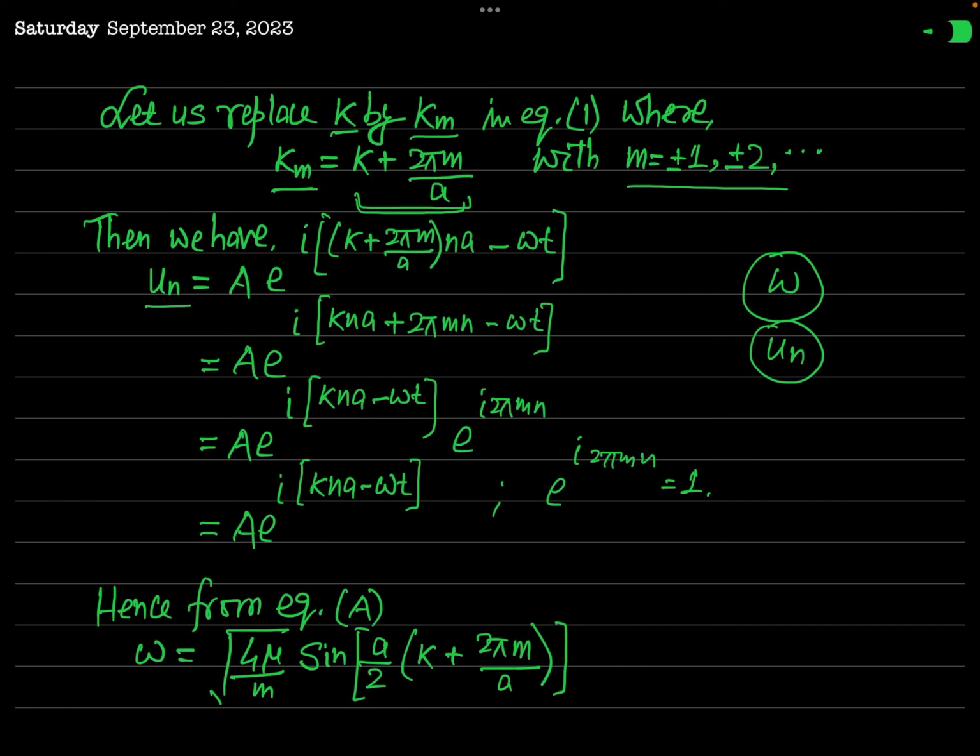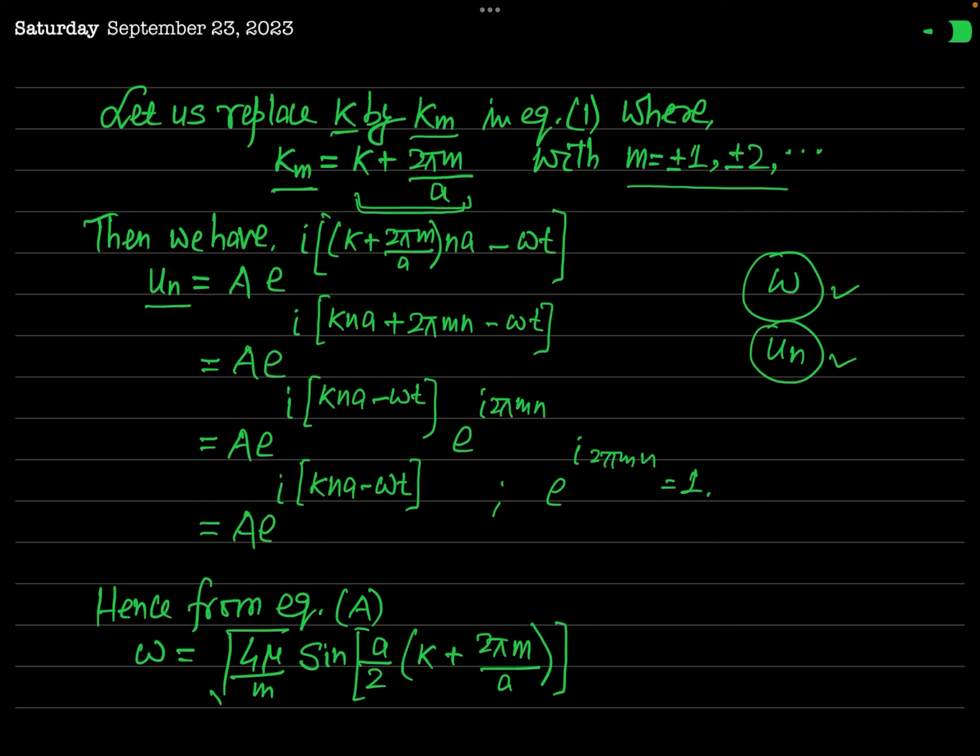Actually, we will see that neither the value of u_n nor the value of omega will change when we replace k by k plus 2 pi m by a. Let us see how we can say this.